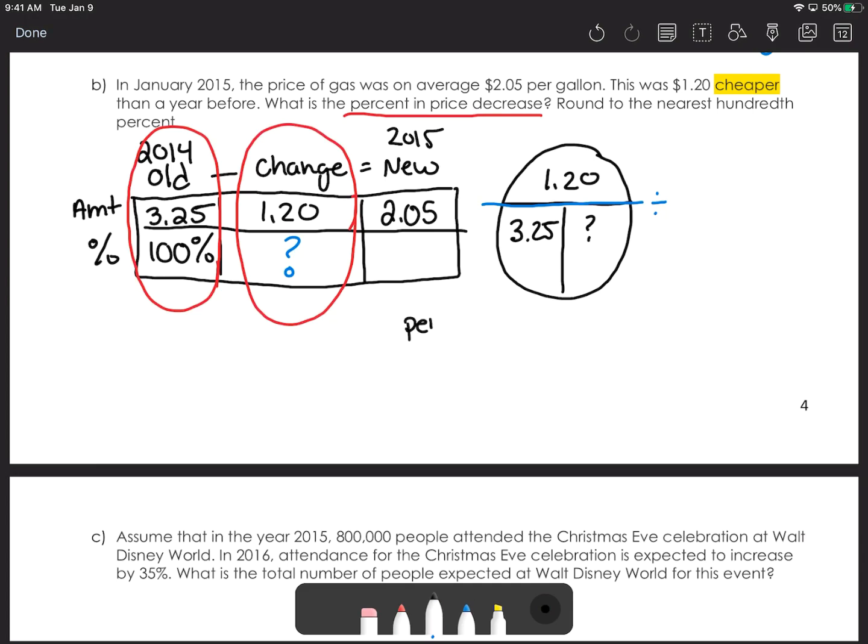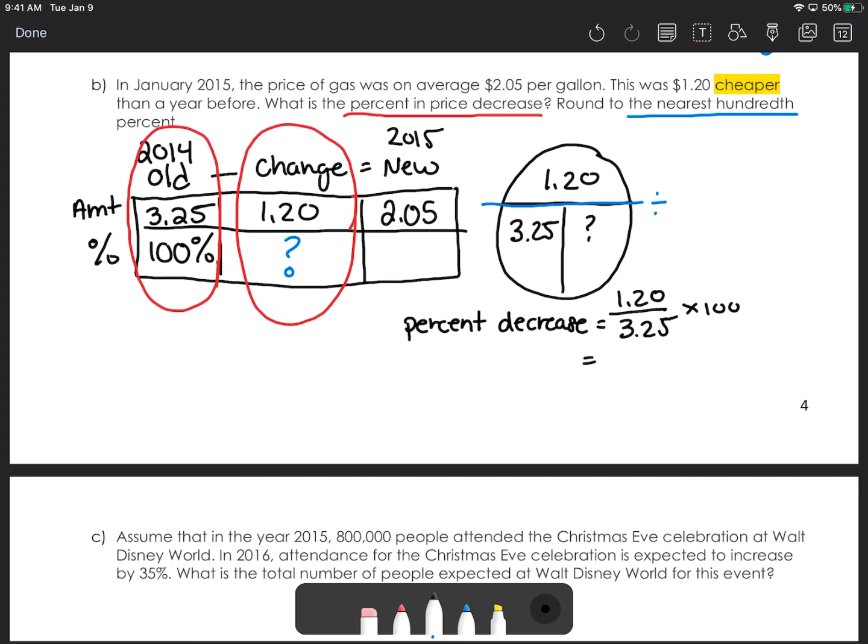So the percent decrease is going to be equal to whatever I get when I take $1.20 divided by 325. And remember, since this is going to be a percentage, we have to multiply by 100 to put it in percent form. And the question also says round to the nearest hundredth.